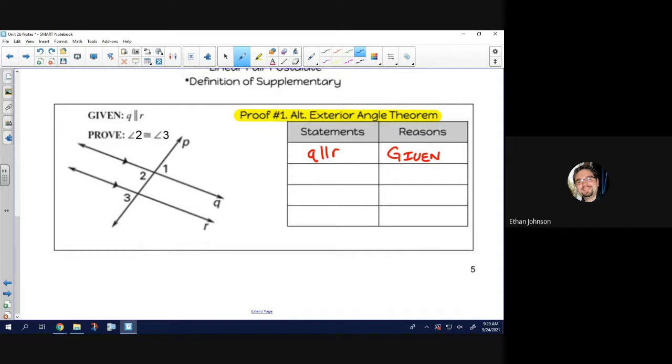So what we can do is look at our diagram and see what relationships we do see. Well, I see angle 1 is right across from angle 2. So angle 1 has to be congruent to angle 2 because they're vertical angles.